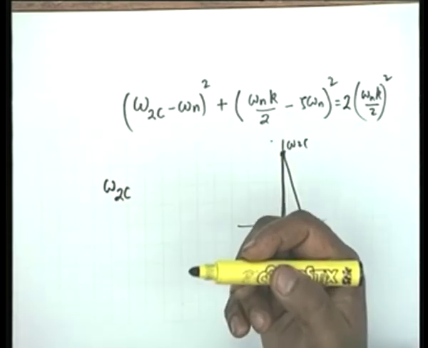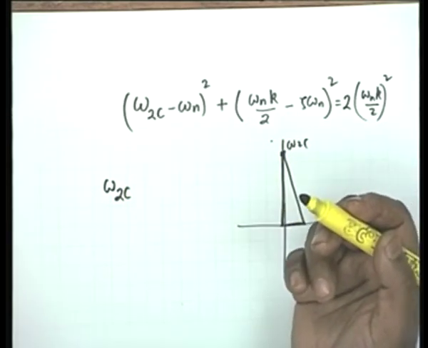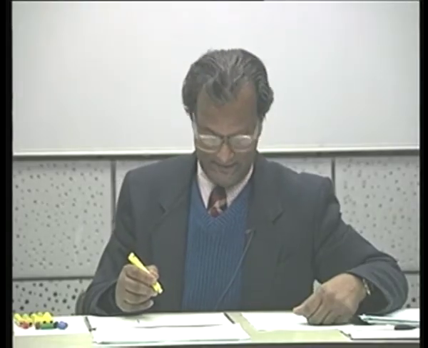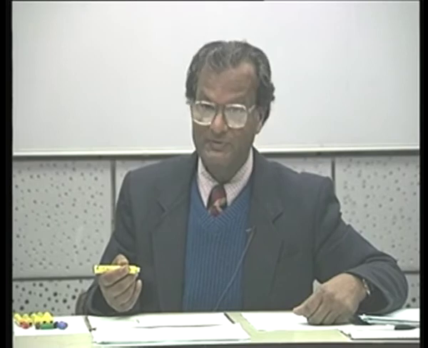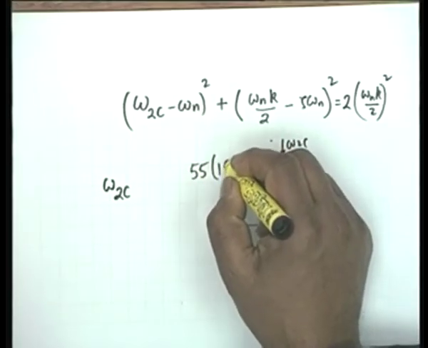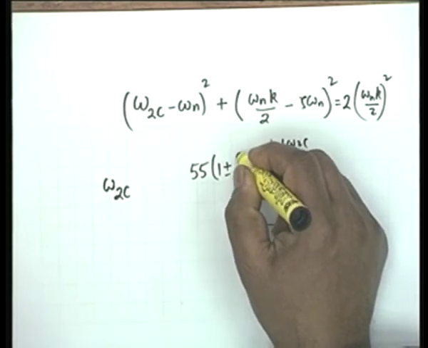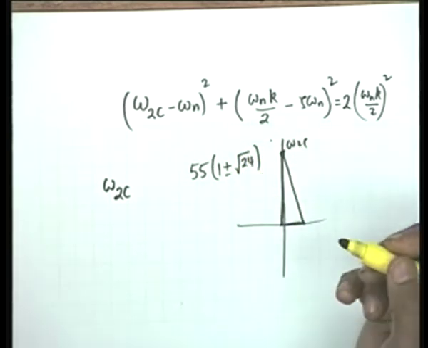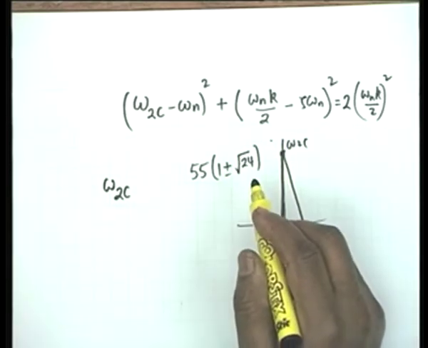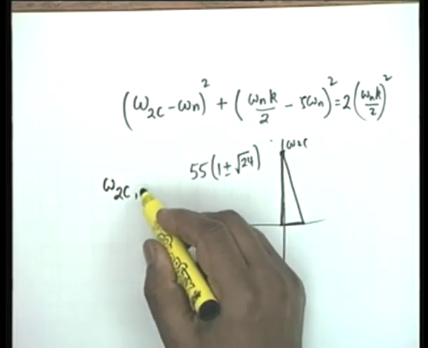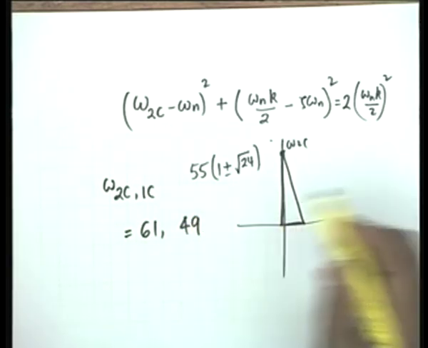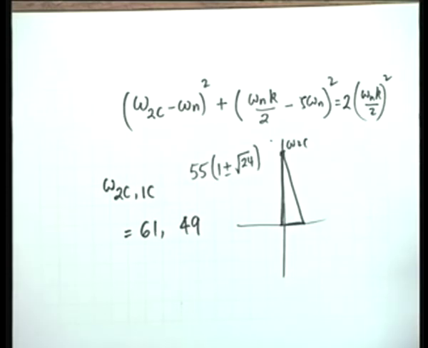The two roots of this quadratic are 55 plus minus root 24. I don't know what that is. Well, my calculations, perhaps you are right. My calculations give omega 2c and omega 1c as 61 and 49.